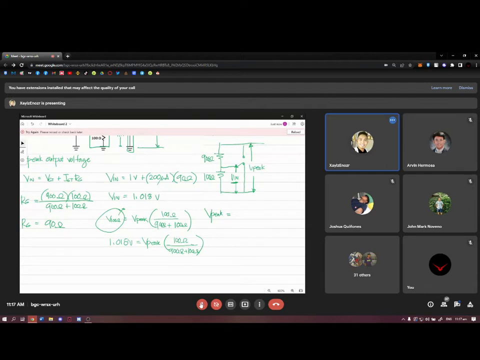Ilan peak output voltage natin? 10.1 po. 10.1?